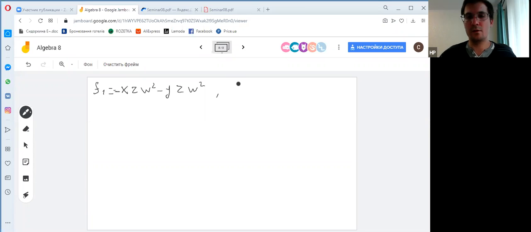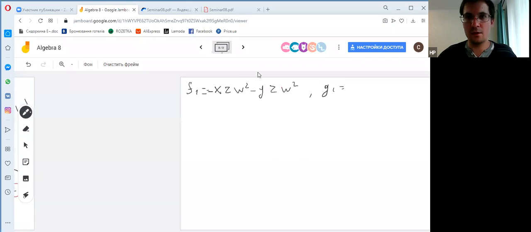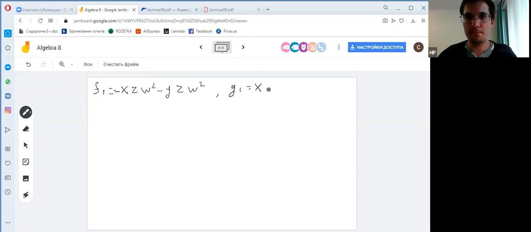And I have two polynomials, g1, which is equal to x plus y, and g2, which is equal to z plus w. The leading terms here are x and z.